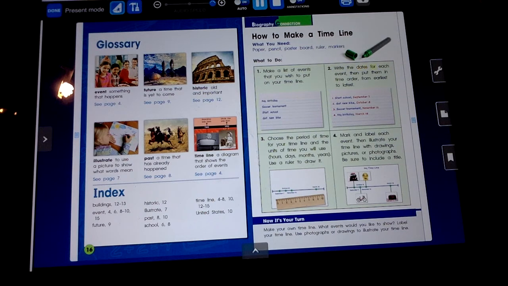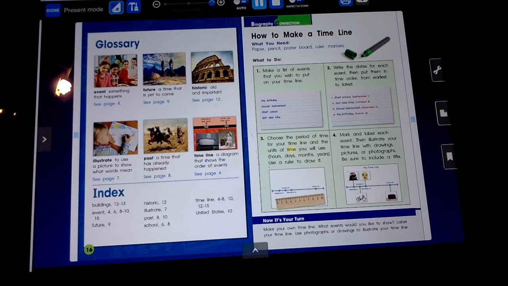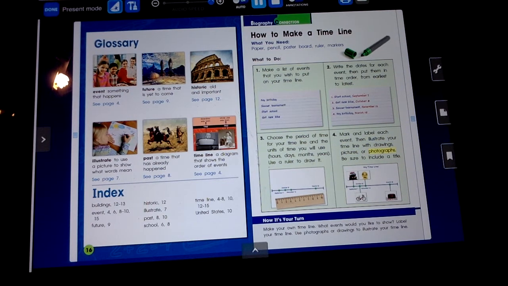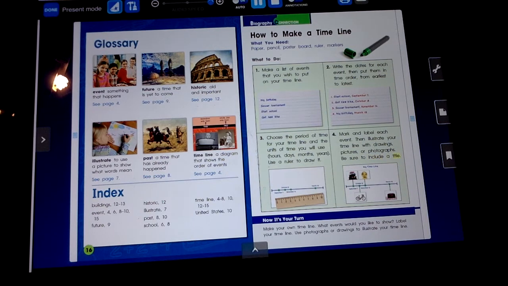Write the dates for each event, then put them in time order, from earliest to latest. 3. Choose the period of time for your timeline and the units of time you will use: hours, days, months, years. Use a ruler to draw it. 4. Mark and label each event, then illustrate your timeline with drawings, pictures, or photographs. Be sure to include a title.